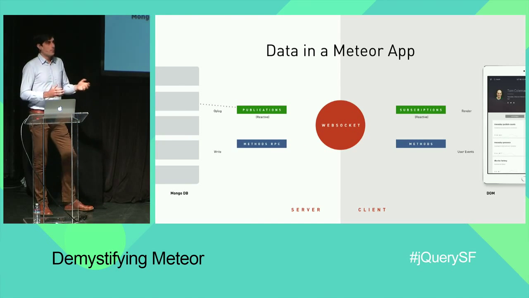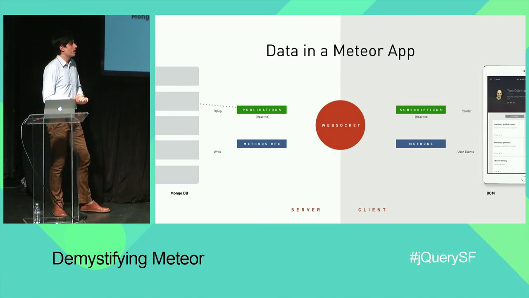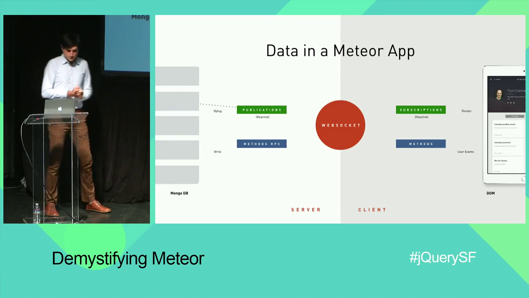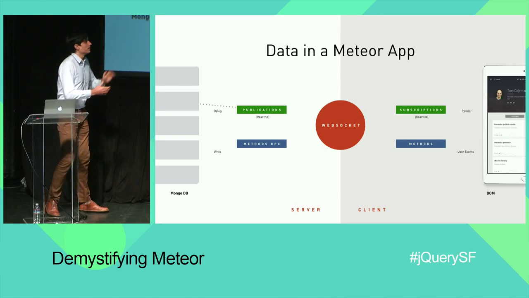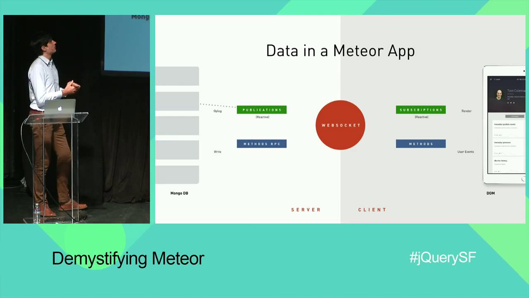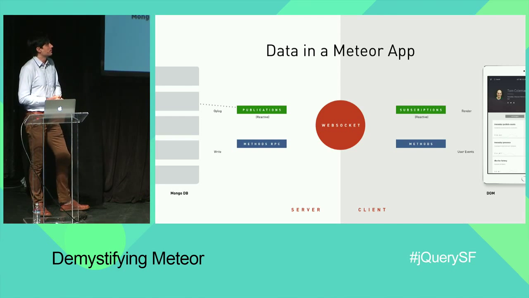I want to bring it back into context, into how this looks in an actual Meteor app. One of the magical things about a Meteor app is that your code runs both on the server and the client. So this is how data flows through the system. I've colored in these boxes in green, which use the Tracker library to propagate changes to the DOM. First, some data arrives on the wire from MongoDB, and that hits our publications mechanism.